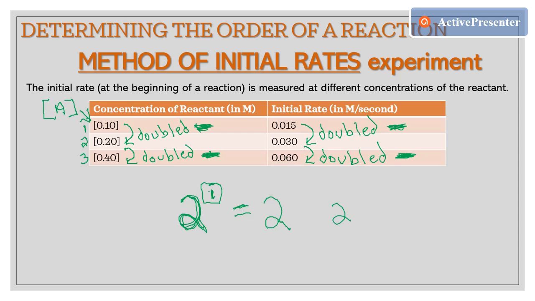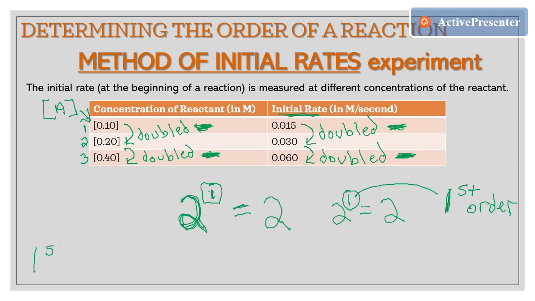So 2 to the 1 power is 2. So this 1 power right here is how we're going to know that this is first order. So this is going to be the first order. So every time the concentration is increased, the initial rate is increased at the same pace.